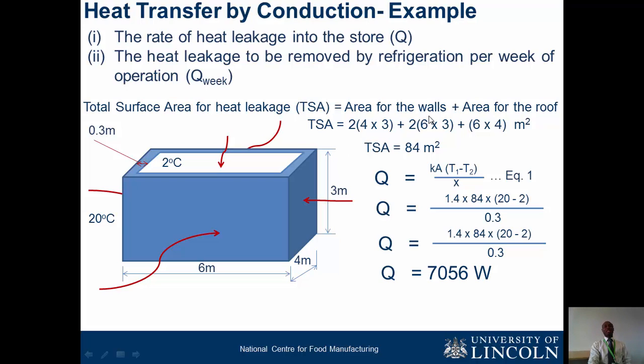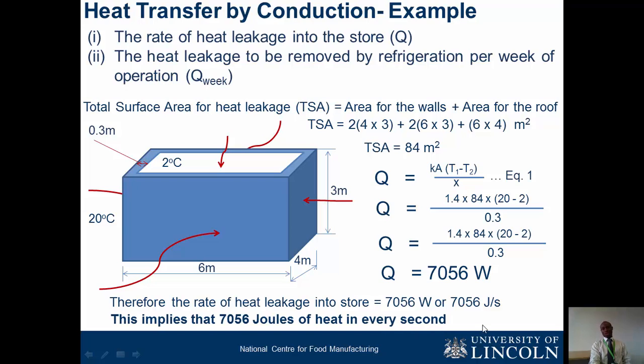Now the second question says that we should find the heat leakage to be removed by refrigeration per week of operation. Now we've been able to find the amount of heat leakage into the store. We've calculated that, and if you look at the unit of this, the unit of watts is joule per second.